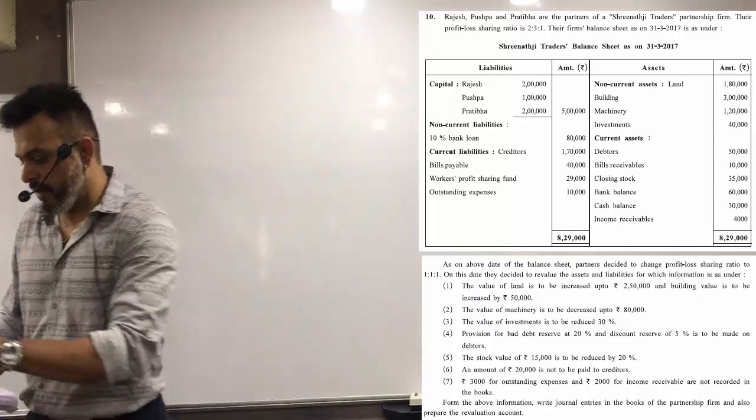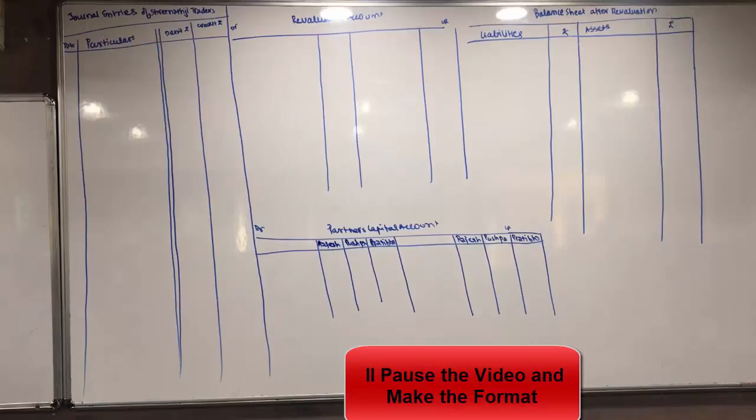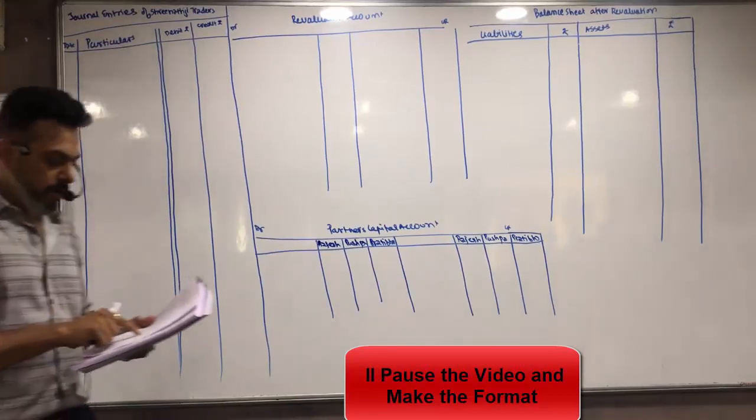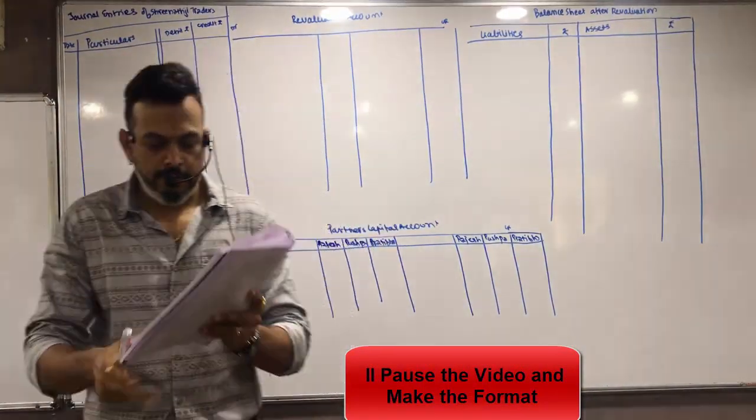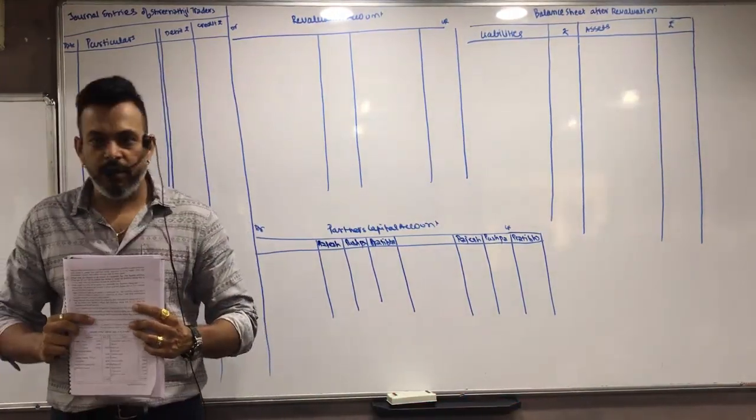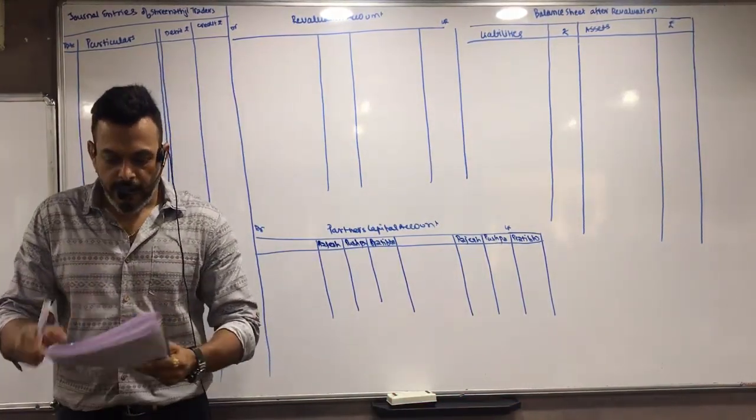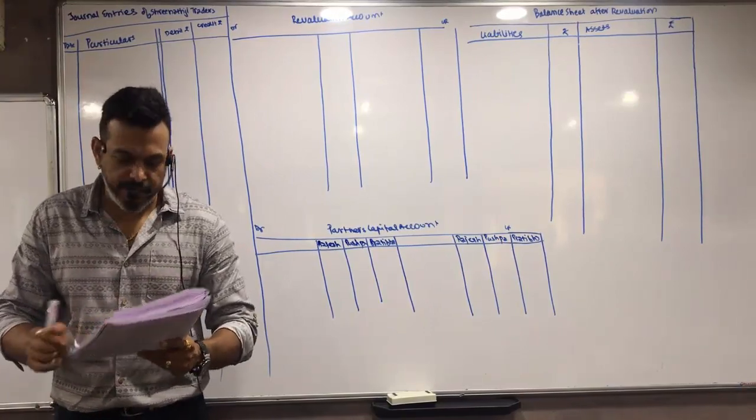Okay, make one page journal entry format, then half a page revaluation account, then partners capital account of around say 7-8 lines, and balance sheet around half a page. We already have a balance sheet, the old balance sheet before revaluation. Okay, first let's start plotting the balance sheet.